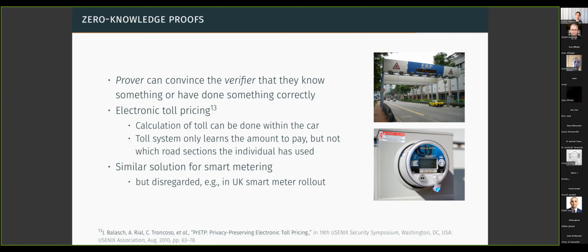There is a similar approach that is available for smart metering, and that smart metering approach has even been implemented on real smart meters. But in the real world, for example, in the UK, when it came time to decide the specifics of the smart meter rollout, the government chose the version that isn't privacy preserving over the one that is privacy preserving, unfortunately.